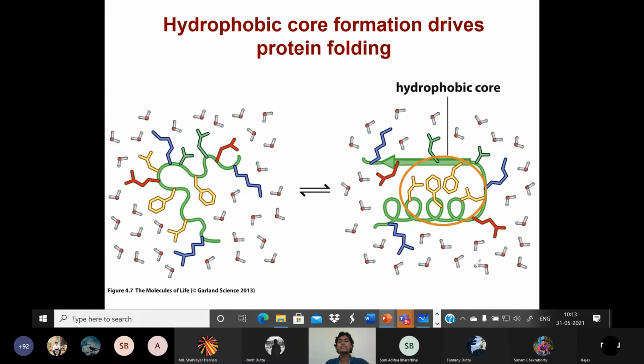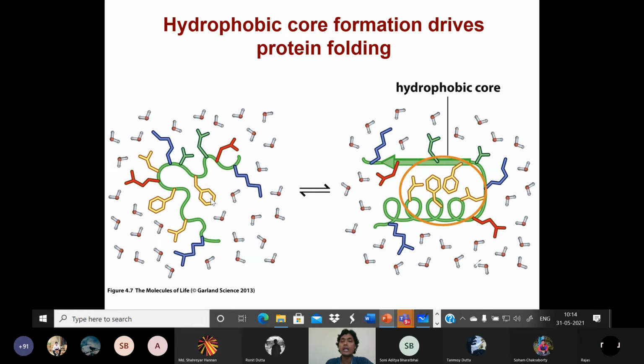So how to create such a hydrophobic core? You can see here a segment of a polypeptide in water solvent. Those are the water molecules. As a result, this yellow colored side chain, those are the hydrophobic side chains, right?